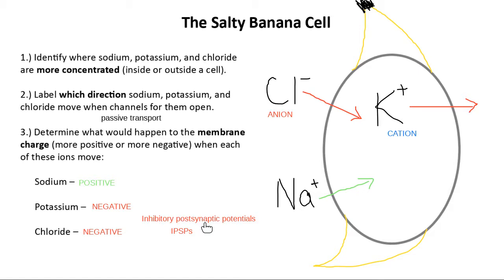Sometimes when a neuron sends a message at its axon terminal that opens up a channel for potassium, or for chloride, we change our membrane charge in a way that makes us more negative. If my membrane charge becomes more negative because you sent me a message, I would call my change an IPSP. So any neurotransmitters that open up channels for potassium or chloride are going to generate an IPSP, an inhibitory postsynaptic potential.